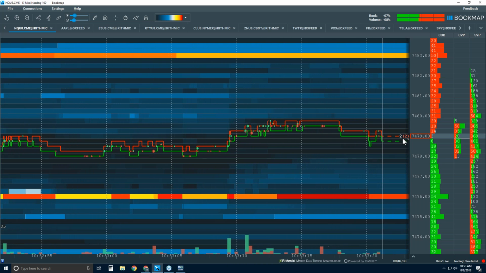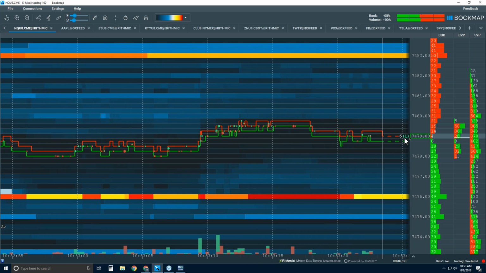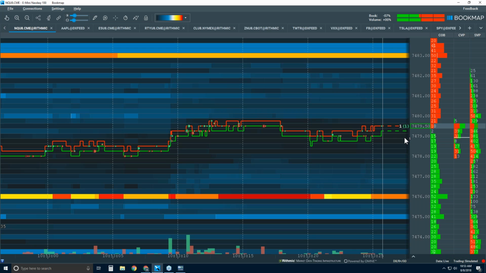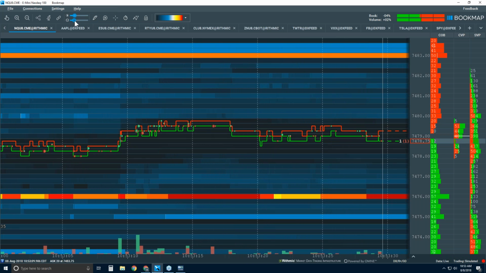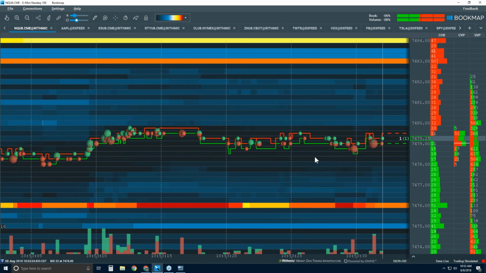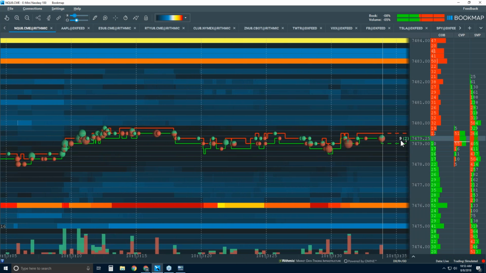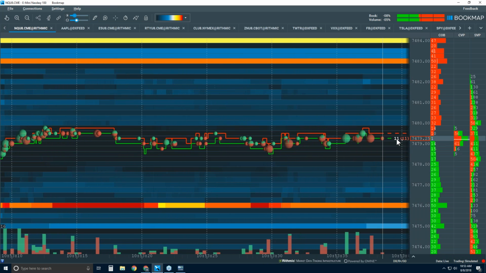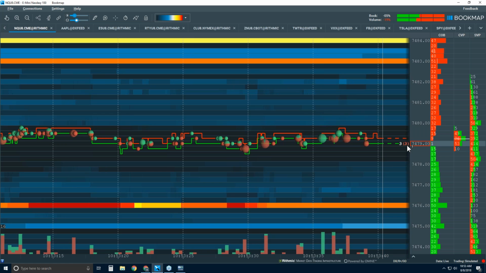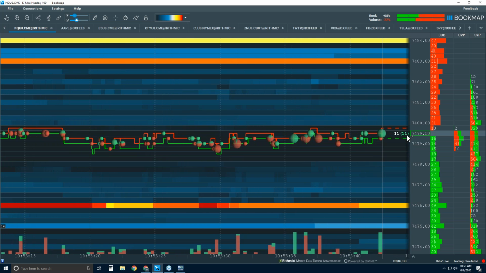This is good for visualizing; it's a little bit better for smaller or more liquid markets where you can start to see the aggregate. So the white number is the aggregate. If they continue to hit the bid, you'll see this number continue to go up, and then you'll see the individual trades happen here.